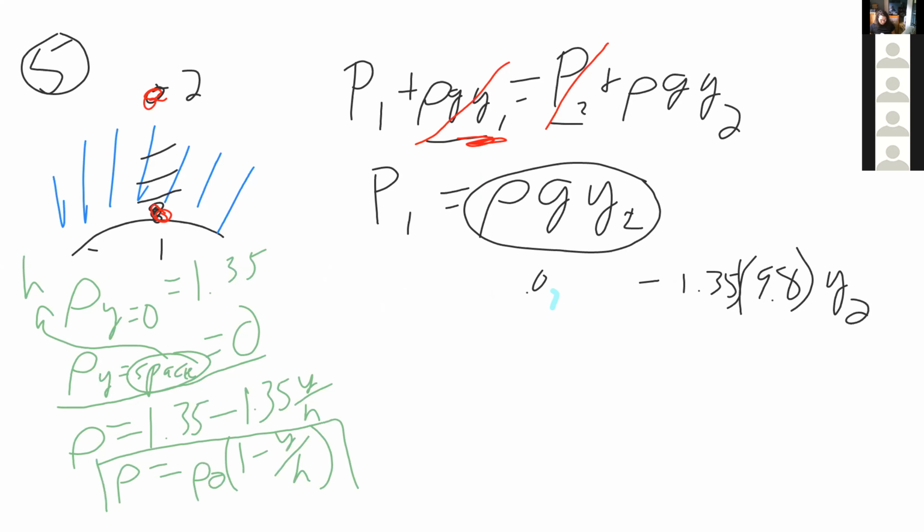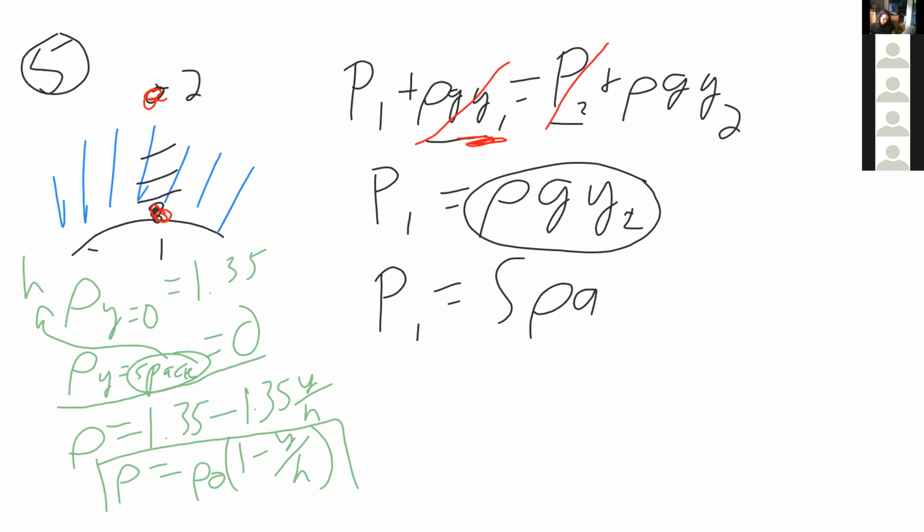Now, going back to this equation, instead of simply saying the pressure at 1 is equal to rho g times the y at 2, since my density is varying with my height, I instead have to say that the pressure at 1 will be equal to the integral of rho g dy as I integrate from 0 up to my height of h.